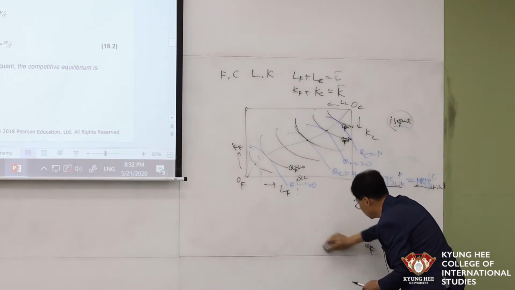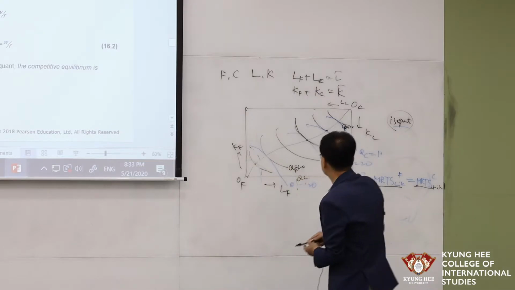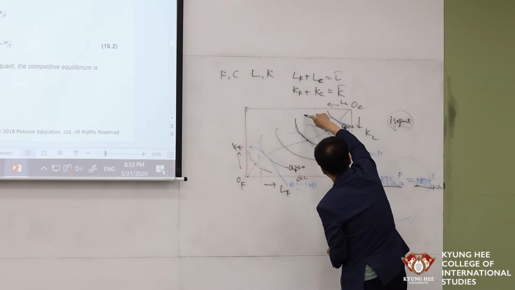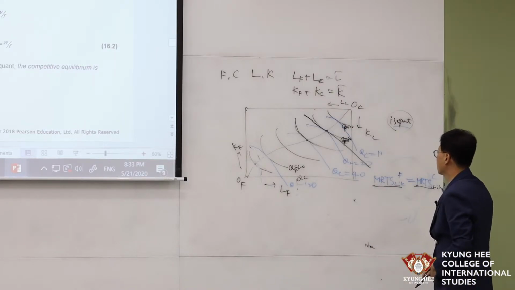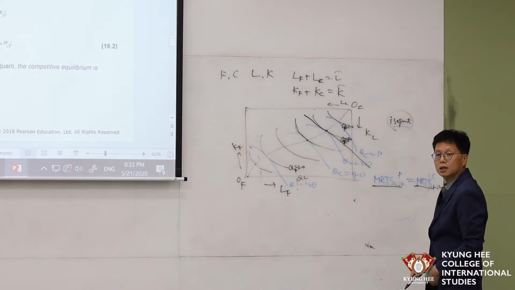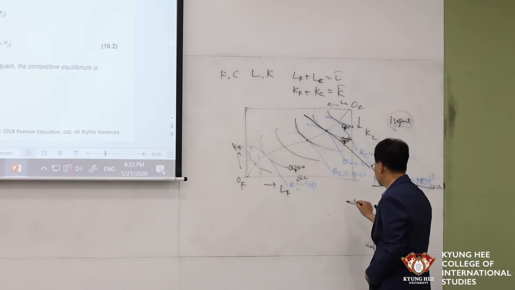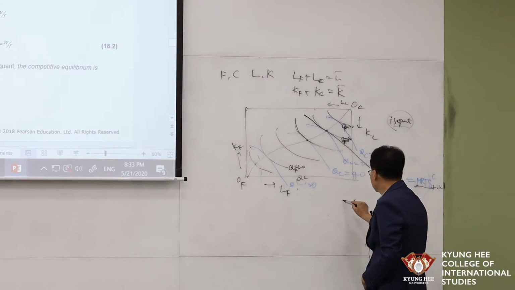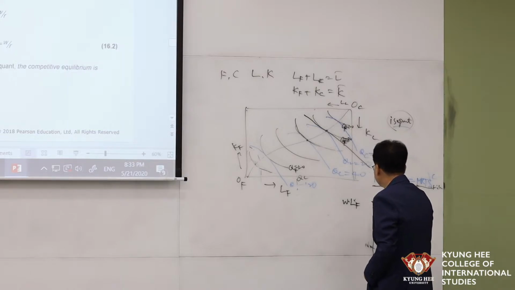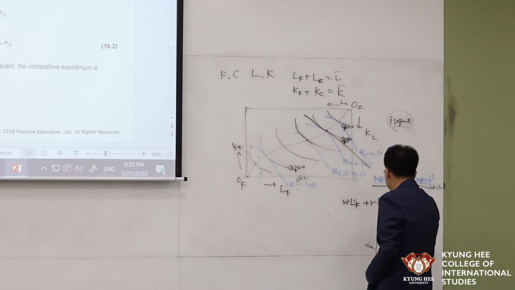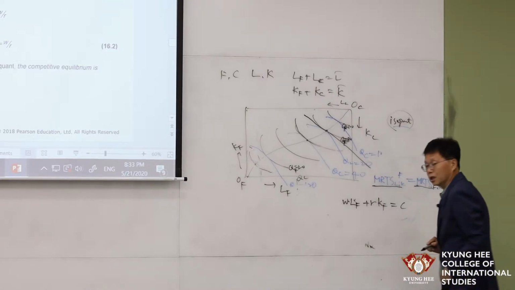Now think about, there is some price line, right? What is this price line? This price line is equal to this one. So now think about W, wage rate, multiplied by LF, plus R, KF, should be equal to cost, isn't it?